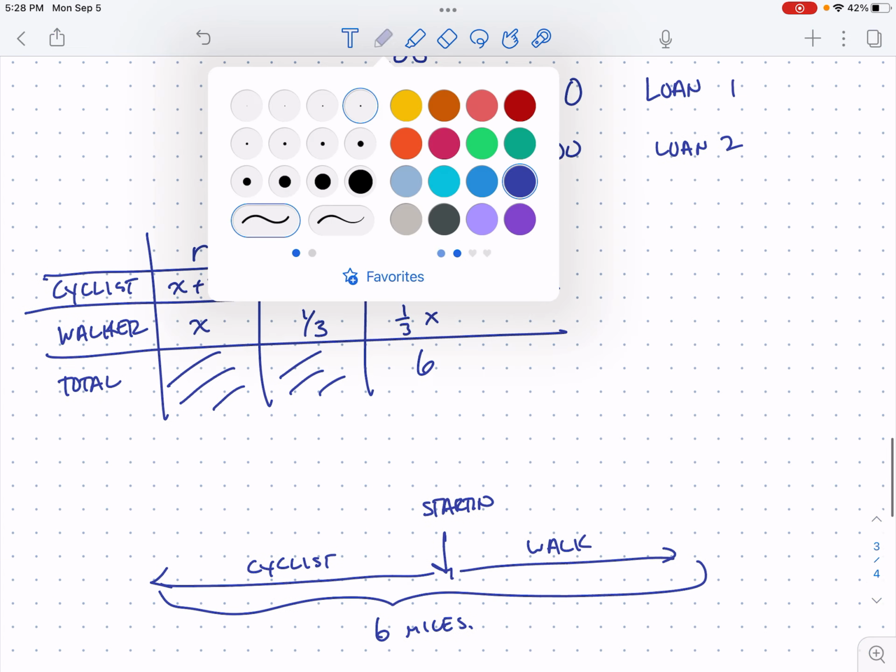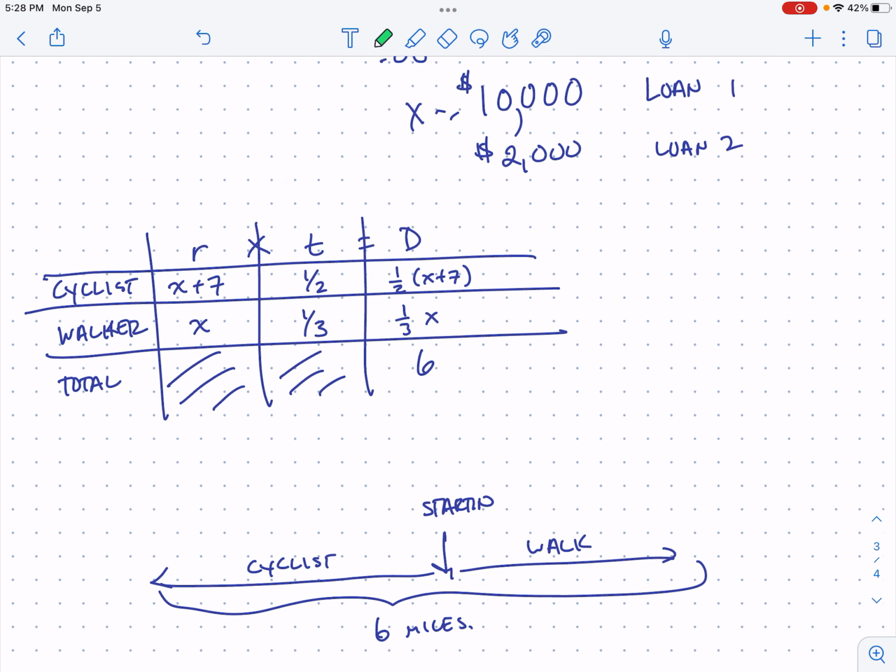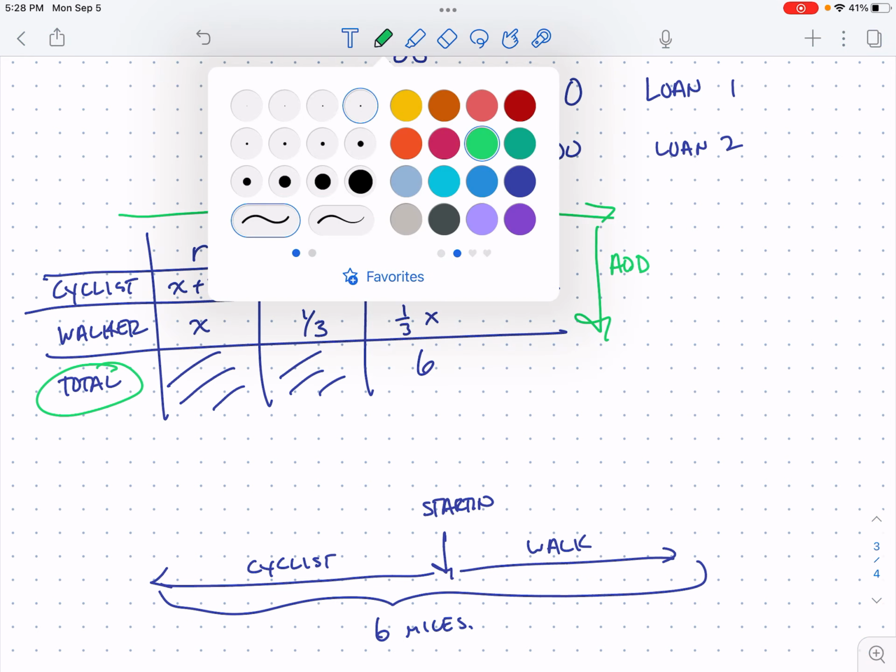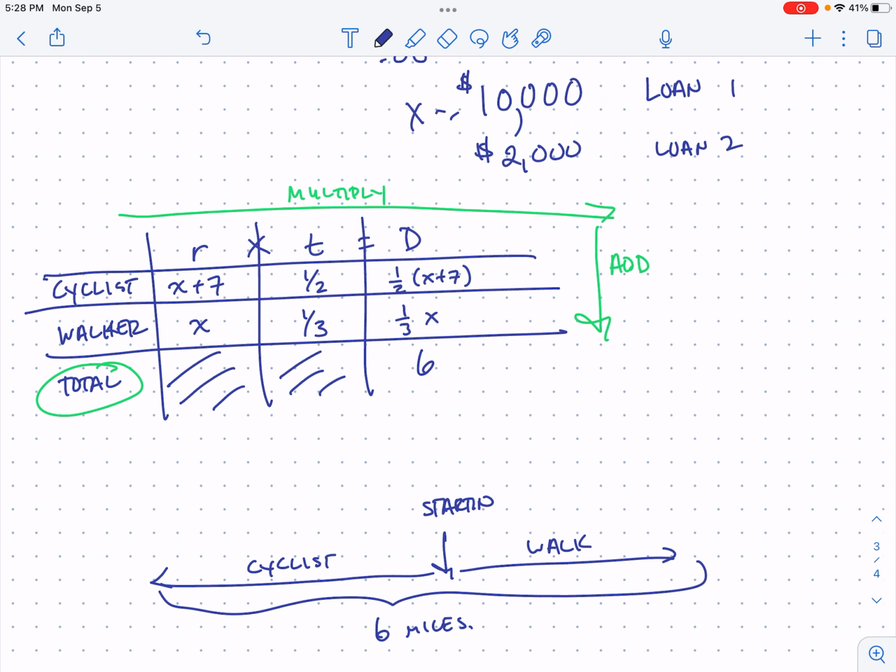Again, here we're noting that we multiply across. But because we have a total down here, that's telling us we get to add on the way down. Which gives us then the equation 1/2 of (x plus 7) plus 1/3 of x is equal to 6.